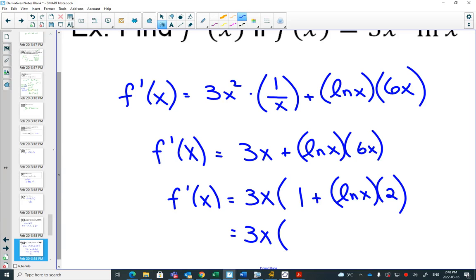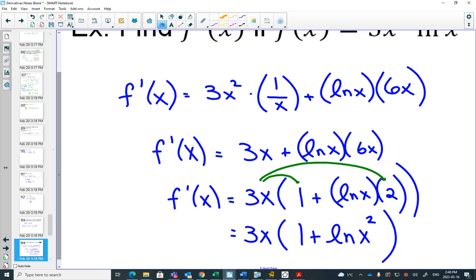And a 2 out in front of the natural log would be the same as an exponent. Remember that log law? No? Because I factored the 3x out of both of these. So now if you check, 3x times this would give me 3x. And 3x times the 2 would give me the 6x.